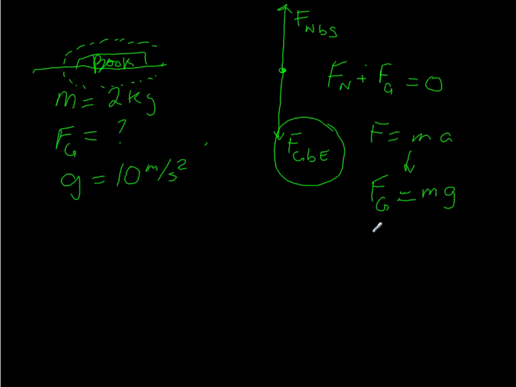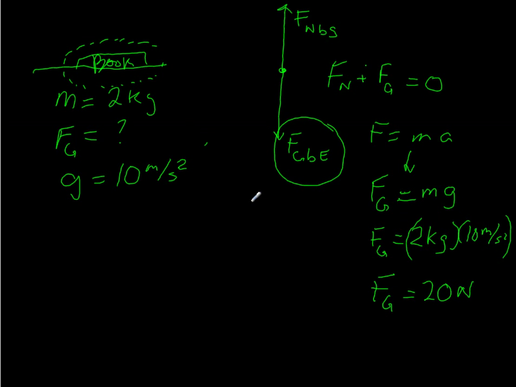I'm looking for Fg, and I know my mass is 2 kilograms, and I'm going to multiply that by my g, which is 10 meters per second squared, and my Fg is 20 newtons. This is how we solve those equations in equilibrium.